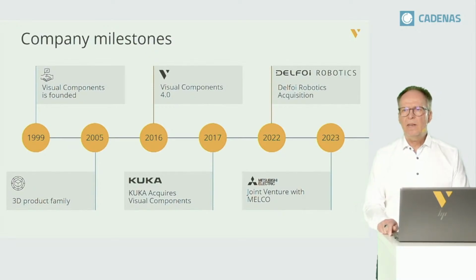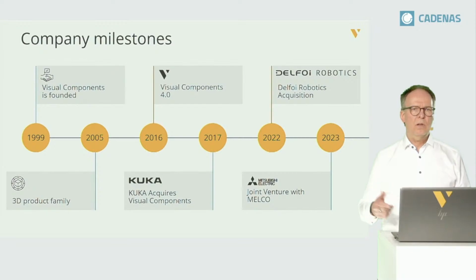Another milestone in 2017 was that we were fully acquired by KUKA. The reason is, I don't know if you know this robot offline program from KUKA. It's called KUKA Sim, and since 2003 KUKA Sim has been based on Visual Components.